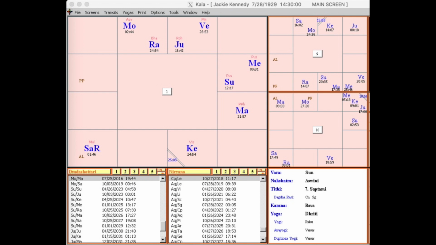Right here you have Sun and Mercury. You want to know what house they're in. You can count backwards. 12, 11, 10. They're in the 10th house. Venus and Jupiter are here. You can go immediately opposite the sign, and that's the 7th house. Then you can count from there, 7, 8.